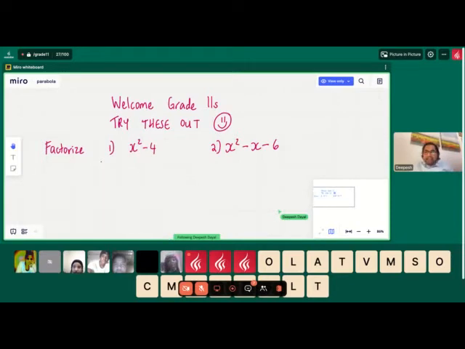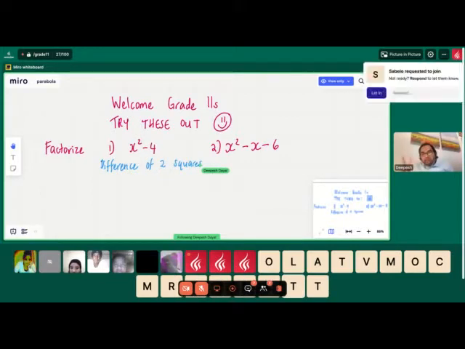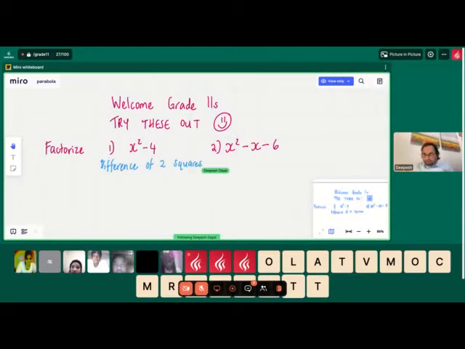Yes, well done, Cloney. That's difference of two squares. So x squared minus 4, we call it DOTS, or difference of two squares. This is a factorization where we get two terms and they can both be square rooted. And we then get two brackets.